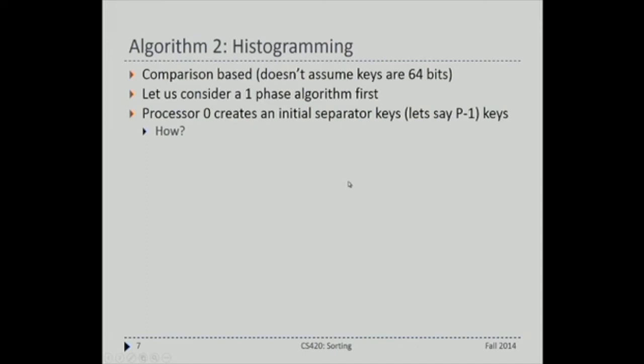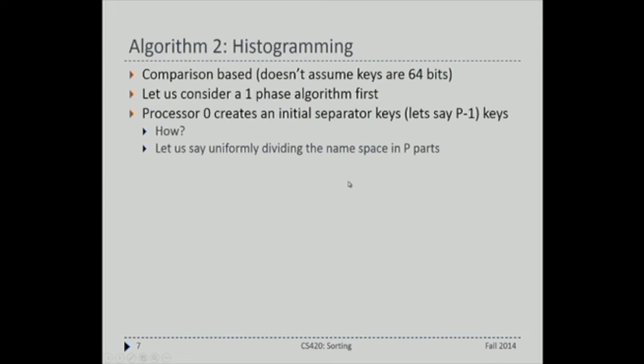Well, guess and check, right? So one idea is to just guess: processor 0 creates an initial set of P minus 1 separator keys. So the question becomes, how does it do that? What's a good way for processor 0 to create P minus 1 separator keys? It can maybe sort its data and pick P minus 1 keys.